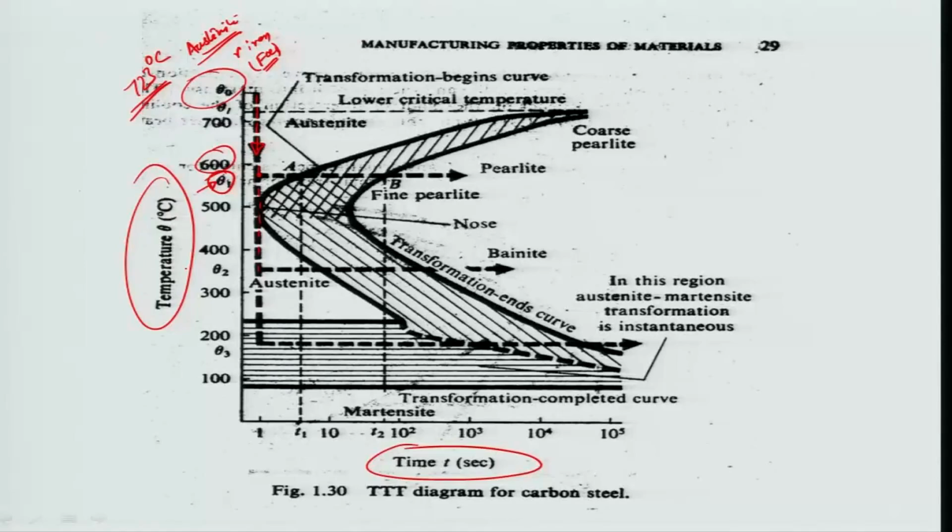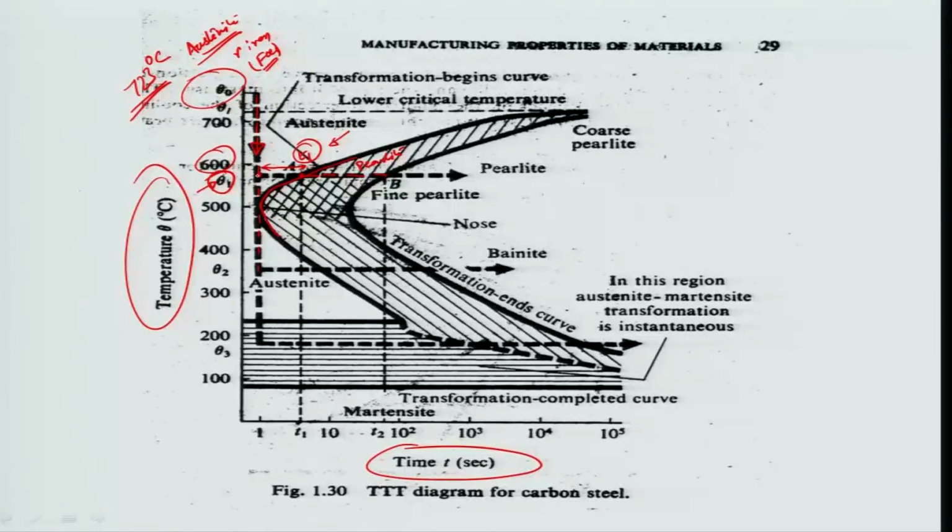The transformation to perlite, as you can see here, begins after some point of time. So, this much time, let us say this is T1, is spent in waiting, so that the diffusion works out, and this phase right here which starts after this solid line is the perlite phase. So, the perlite transformation starts to take place from time T1, okay.